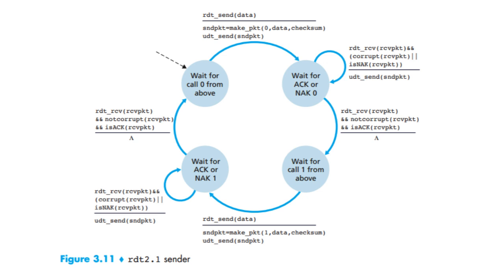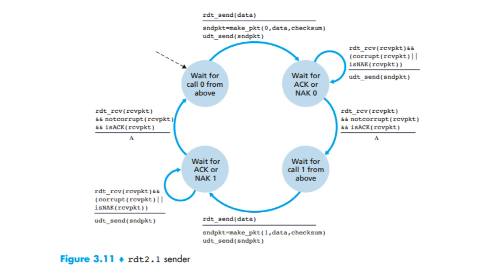For this simple case of a stop-and-wait protocol, a 1-bit sequence number will suffice, since it will allow the receiver to know whether the sender is resending the previously transmitted packet, that is, whether the received packet has the same sequence number as the most recently received packet, or a new packet.